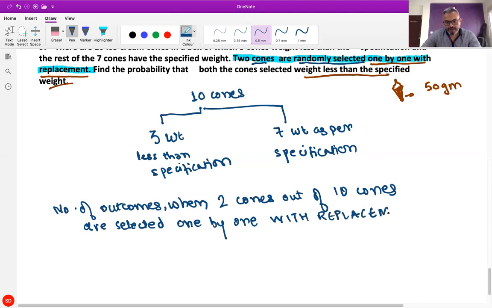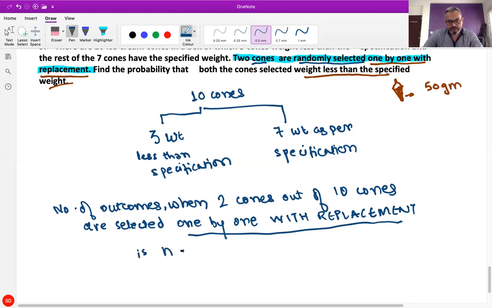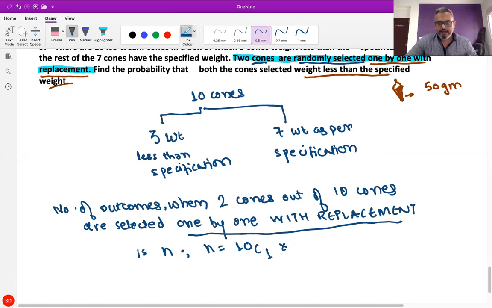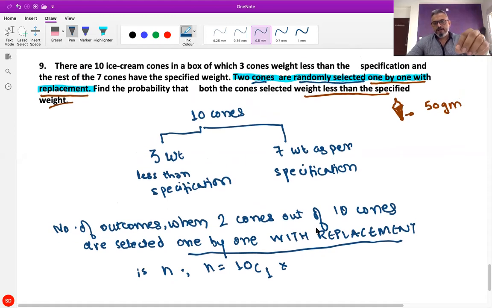With replacement का मतलब क्या है? 1 by 1 with replacement का मतलब है कि एक सिलेक्ट किया फिर उसको हमने वापस रख दिया, तो चांसेस है कि वो फिर से सिलेक्ट हो सकता है. n is equal to पहले 10 कोन में से एक, उसके बाद जो सेकेंड सिलेक्ट करेंगे क्योंकि विथ रिप्लेसमेंट है तो पहला जो सिलेक्ट किया था वो हमने वापस रख दिया, तो अगेन हम सिलेक्ट करेंगे तो वापस 10 कोन में से एक सिलेक्ट होगा, which is 10 into 10 which is equal to 100.